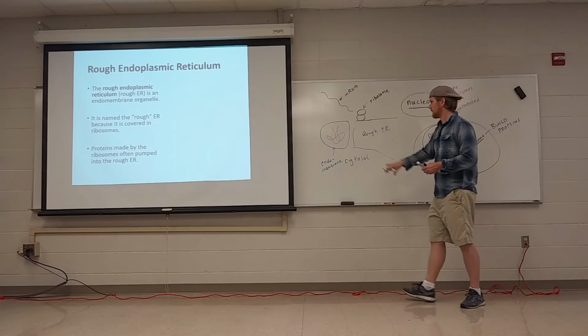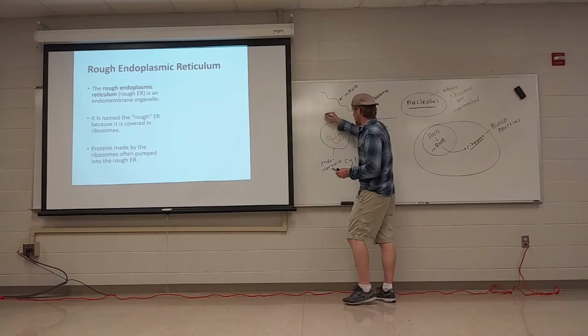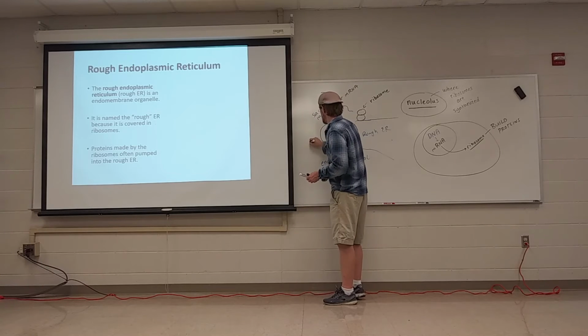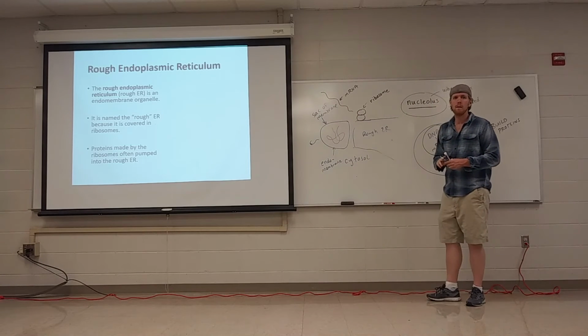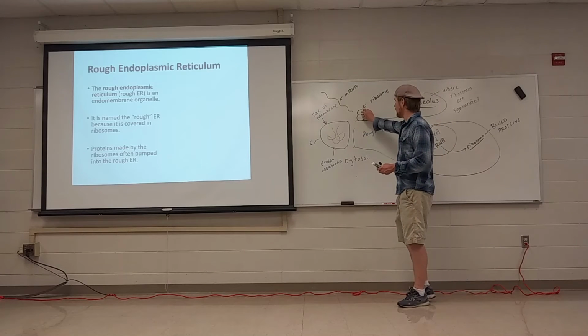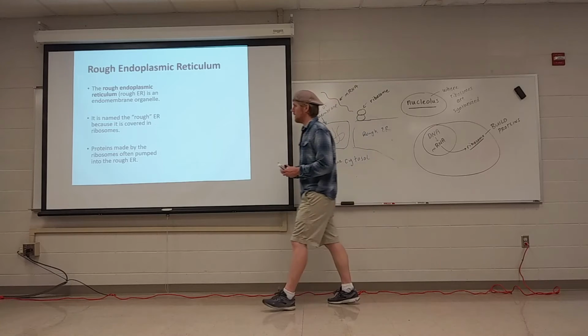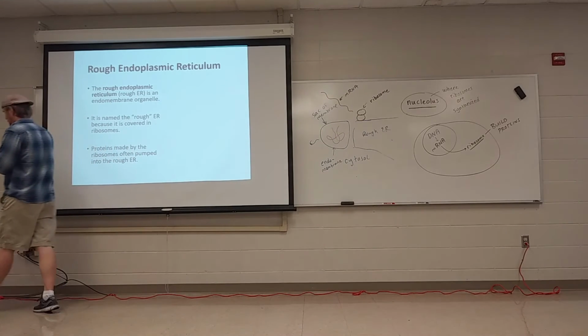Now what we've got is this sac of membrane, a mobile sac of membrane that can move wherever it needs to go, carrying that protein that the ribosome just made. And there's a name for that sac of membrane.